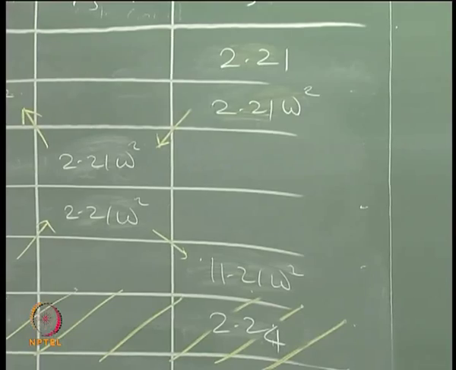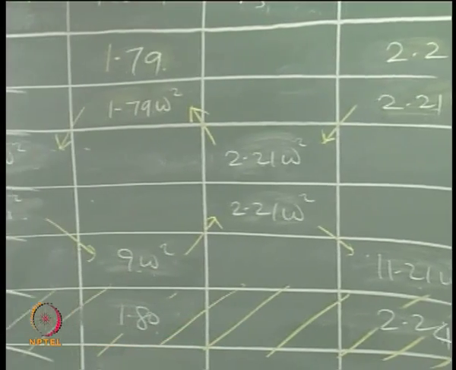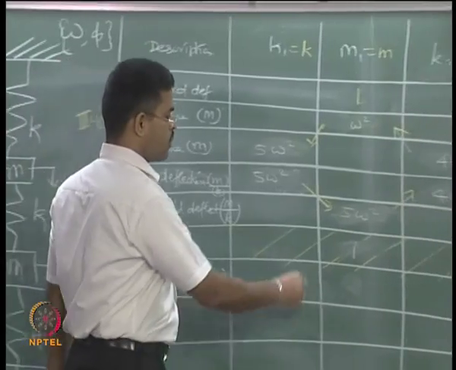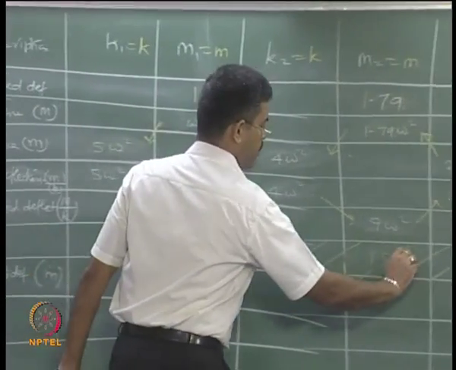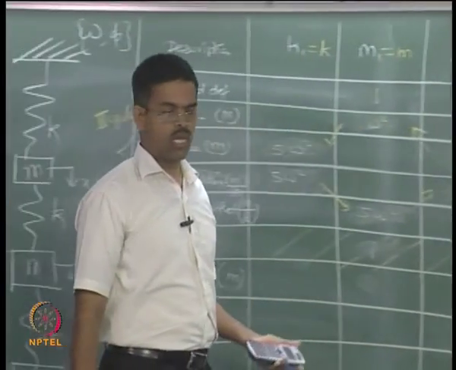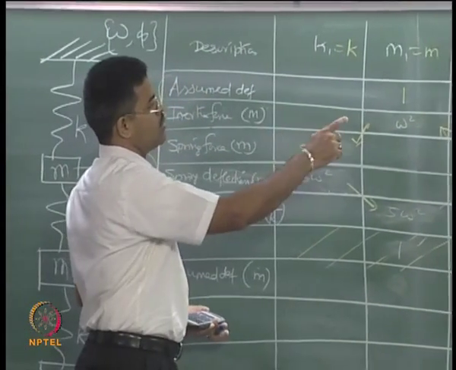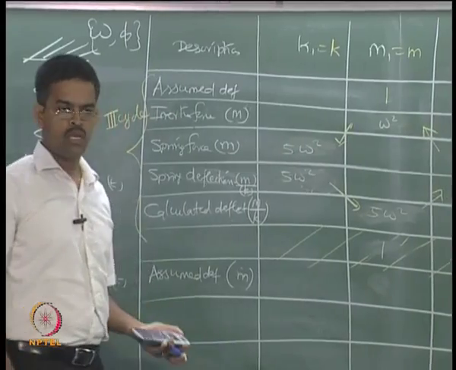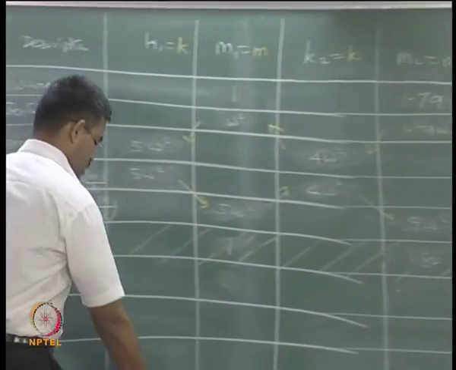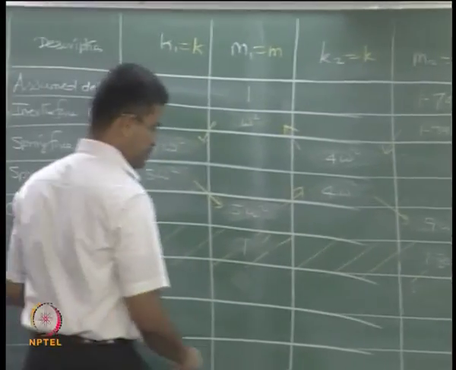So, I have finished my third cycle. These are my third cycle banded values of 1, 1.80 and 2.24. Still they are not converging because the earlier values were 1.79 and 2.21. I have still some marginal discrepancy. I can again iterate it. So, let me write down these values.